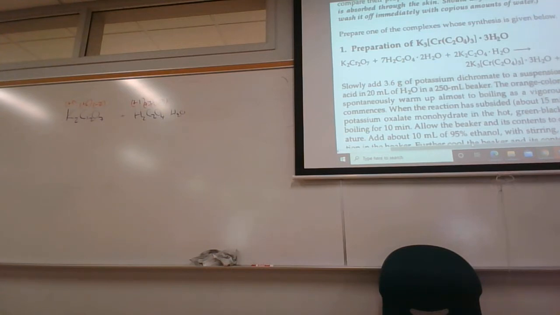So you're going to bring a 250 milliliter beaker, place it on the balance, and then 0 it. And then you're going to get some scoops of oxalic acid and scoops of potassium dichromate and put it in there. If you undershoot it or overshoot it, don't worry about it. Don't waste any time trying to get it exact. It's a complete waste of time. Just get it close and write down what you have.